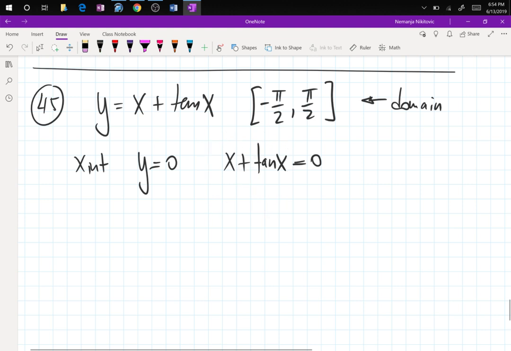There's no algebra that connects them. The only way to solve this is to graph it, which we don't know how to do yet, and then look for the intercept. So we cannot do this. I'm just going to put a sad face, and we're going to move on.